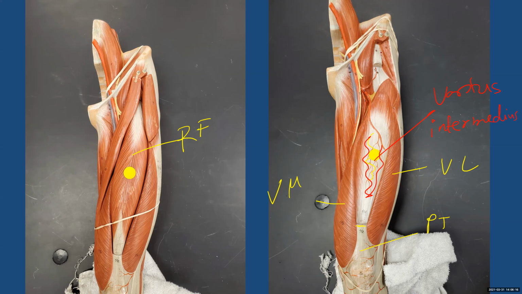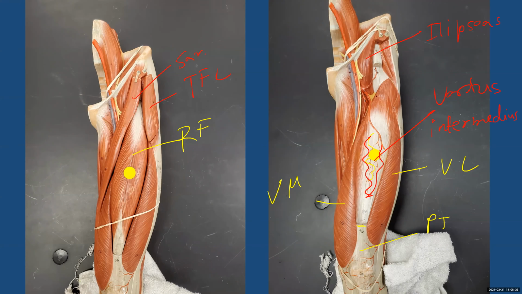You can also nicely see that with the sartorius being removed, you can see the iliopsoas really well, because the sartorius has also been removed, and the tensor fasciae latae, both have been removed.